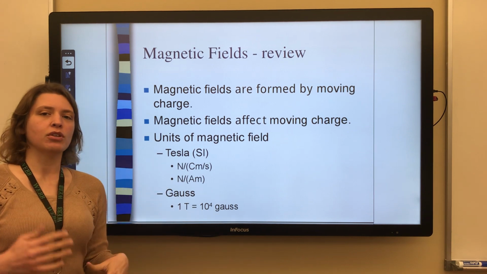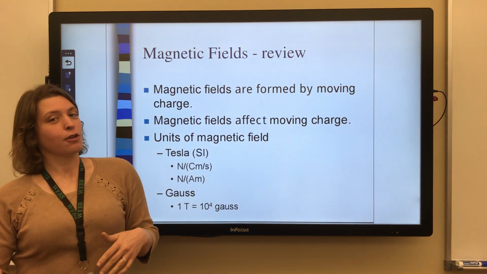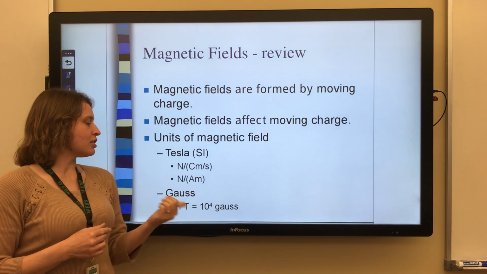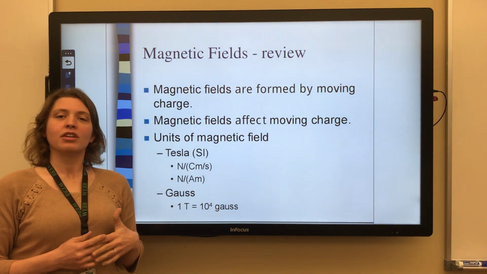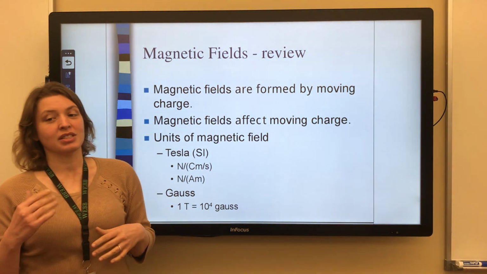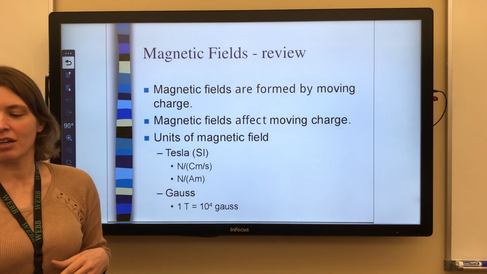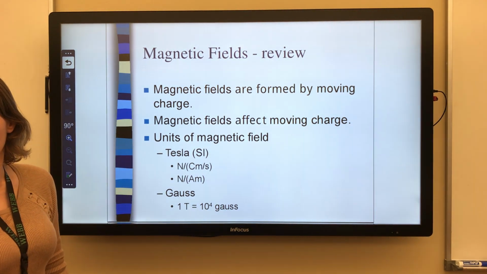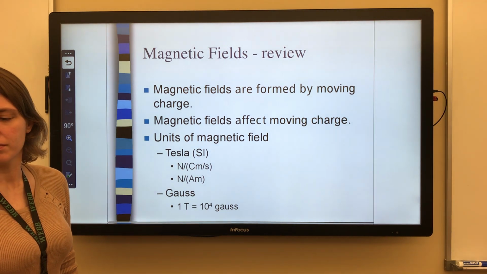A lot of times we're going to be using something like 10 to the negative 4 Tesla to talk about a magnetic field strength. If you want a non-SI unit of measure to work with, that would be the Gauss. 1 Tesla is equal to 10 to the 4th Gauss. Usually we're using Tesla, though, in all of our problem solving.